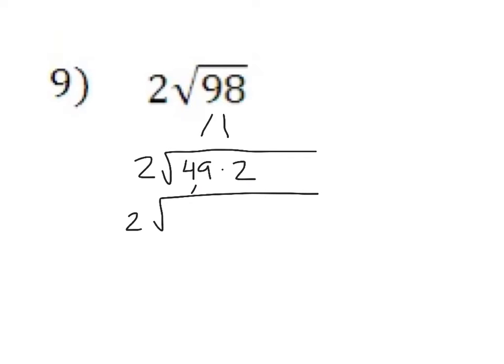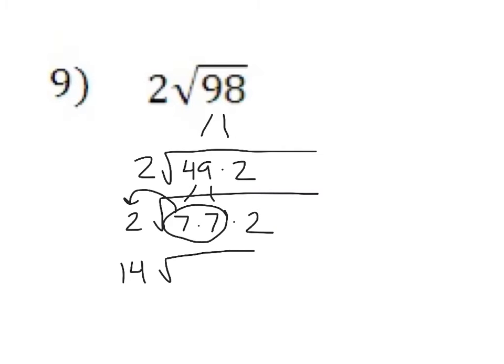What can we break 49 into? 7 and 7. And we still have a 2 on the inside. So we can take out this pair of 7's and put it on the outside. What happens to this 2 that's already on the outside? We multiply it. So what's 7 times 2? And what are we left with on the inside? Square root 2. So 14 square root 2.